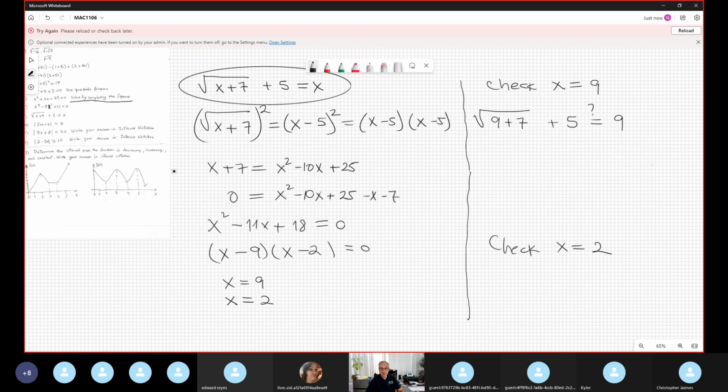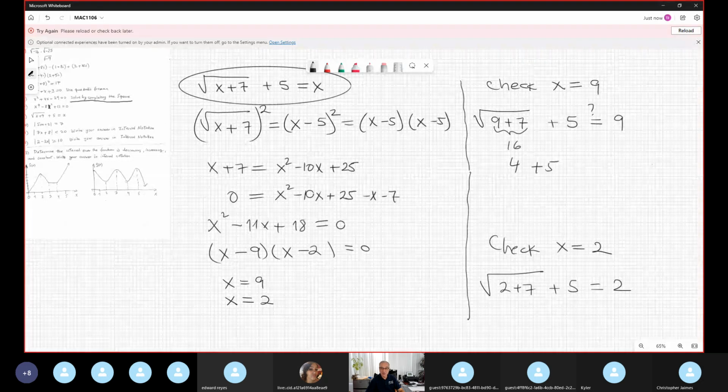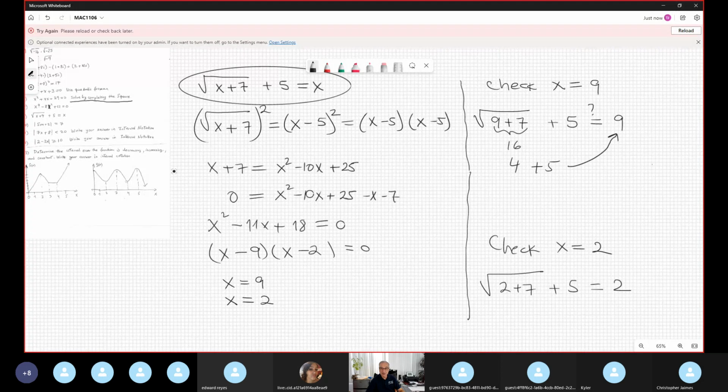So you replace x with 9. Likewise, you replace with 2: 2 plus 7 plus 5 should be 2. In this case, 16, and the square root of 16 is 4. And 4 plus 5 is obviously 9. Okay, yes, solution 9 is okay.